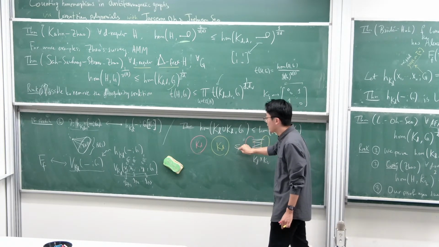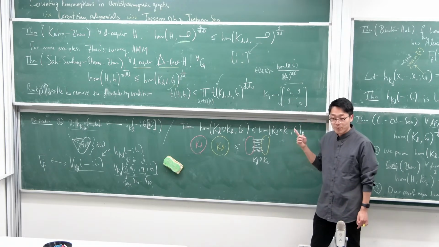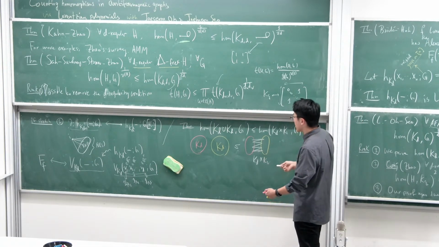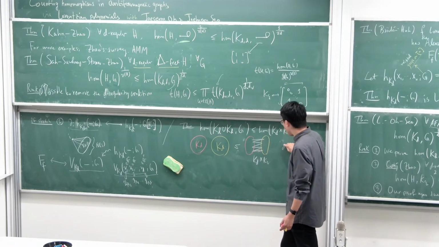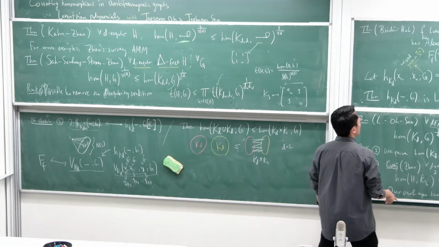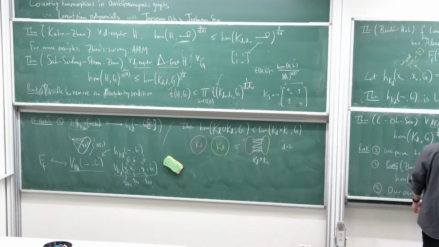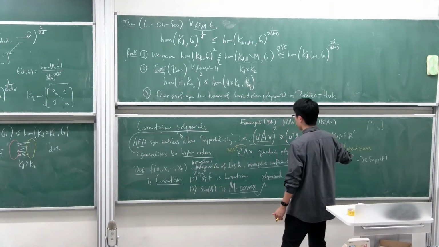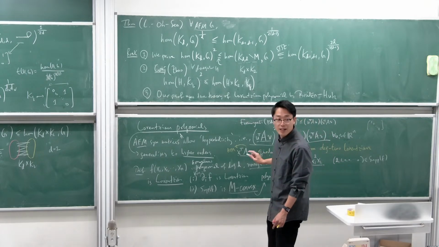This is the inequality that I want to prove. For the lower degree case, let's say d equals 2, this exactly corresponds to the hyperbolicity, to this inequality over here.